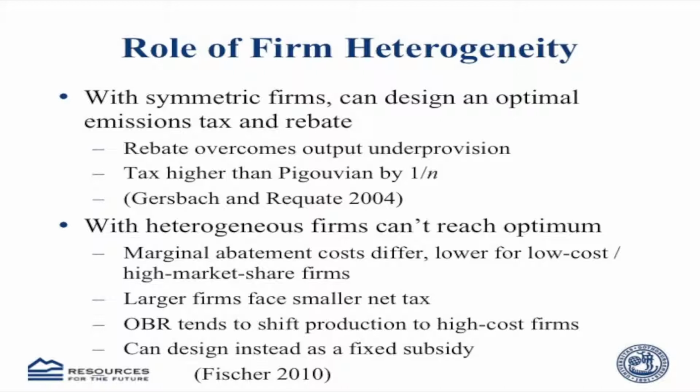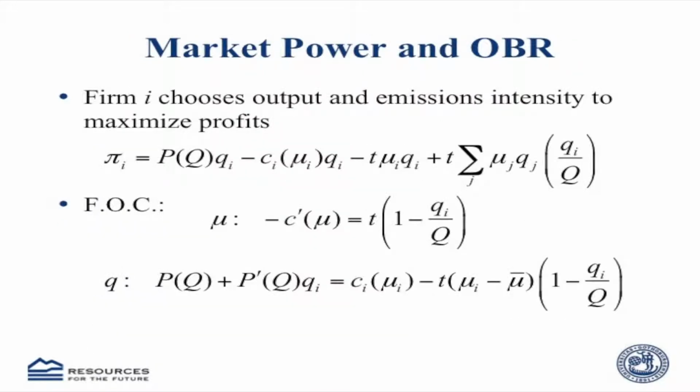On the other hand, though, if these firms are not all identical, then that's really tricky because you see from the, let me go back to this equation here. If the little qi's are all different, then we no longer have marginal abatement cost equalization. So little firms are going to be abating more, are going to be reducing their emissions intensity more than big firms.